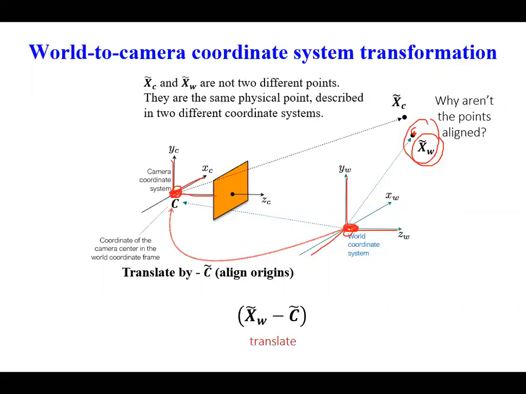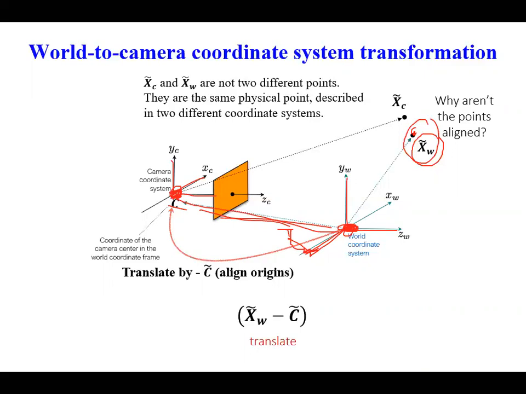This X tilde is a point. When I do this transformation in the X, Y and Z, I take this origin and move it in the X, in the Z, and in the Y. So now this is here.